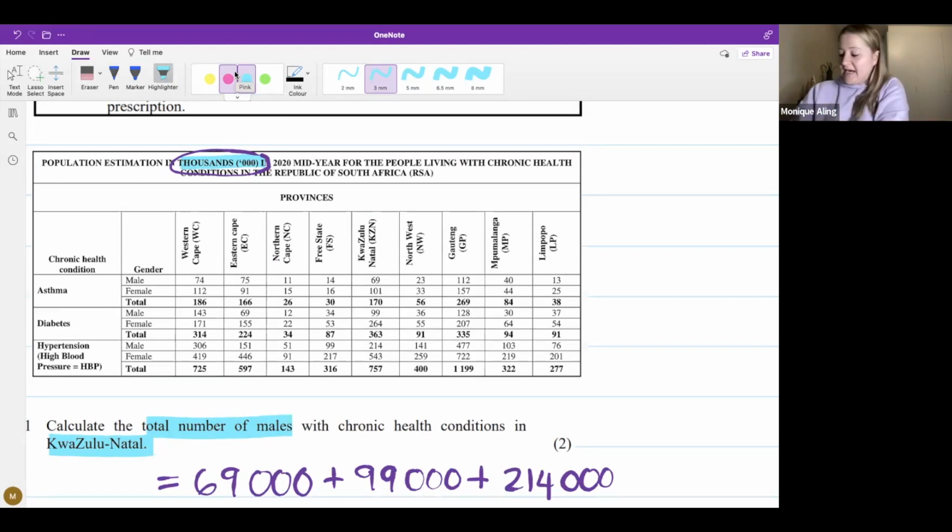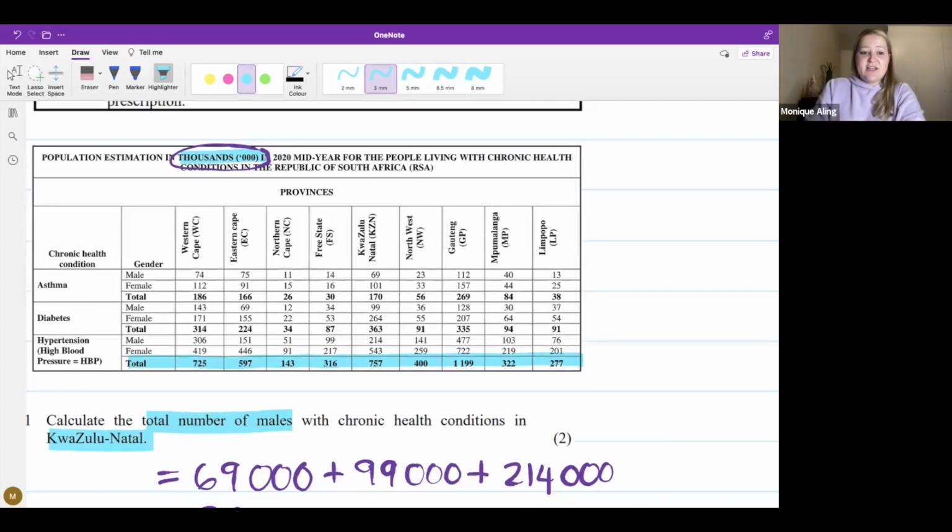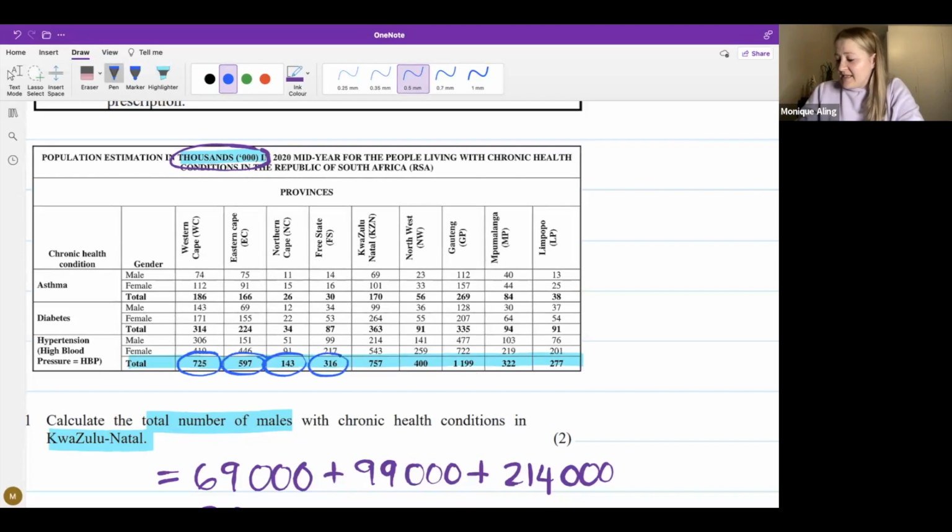Okay, so we were looking at these numbers specifically because we're looking at hypertension, but for everyone in South Africa, so we had to look at all the provinces. Okay, so I've got the total for everyone with hypertension in Western Cape, the total for everyone with hypertension in Eastern Cape, for Northern Cape, etc. So these are all the provinces and the totals because they asked for hypertension in the whole of South Africa. So we want to know what is the average number of people that have hypertension.